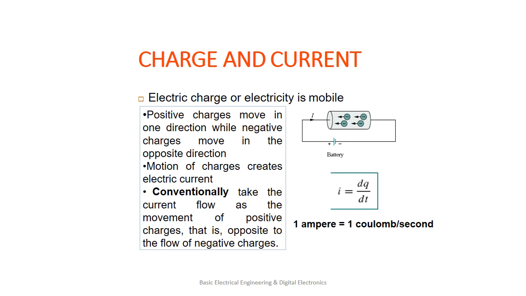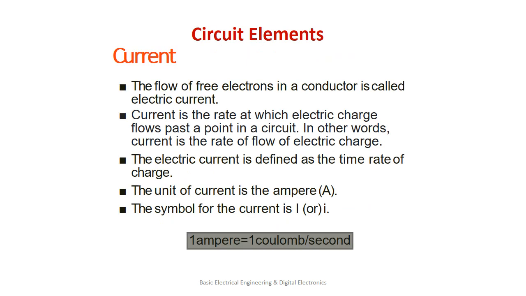As shown in the figure, there is a piece of conductor having a number of free electrons, and an electron carries negative charge. They are attracted toward the positive terminal of the battery. That is how we form the conventional direction of current. Current is the rate of change of charge, that is dq by dt. Therefore, 1 ampere current is equal to 1 coulomb charge per second.